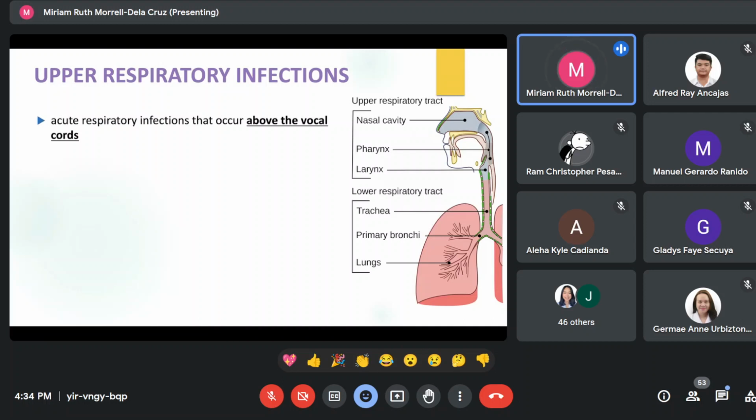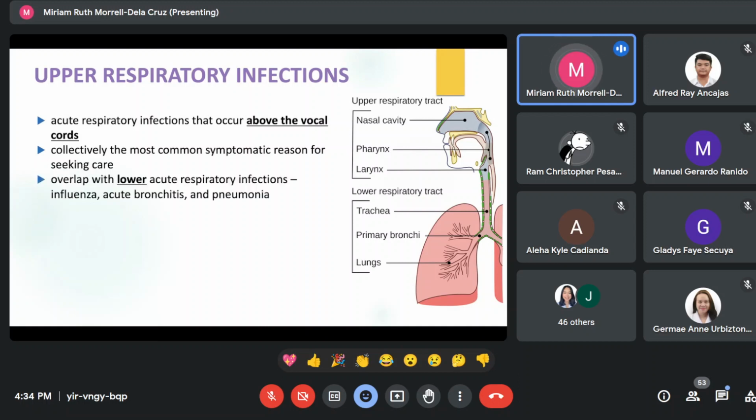Acute respiratory infections that occur above the level of the vocal cord is what we consider an upper respiratory tract infection. It's a common symptomatic reason for seeking care, and it overlaps with lower acute respiratory infections like influenza, acute bronchitis, and even pneumonia.